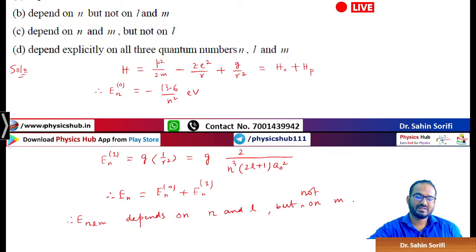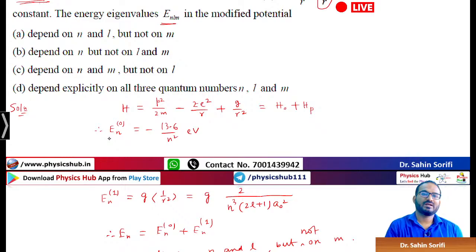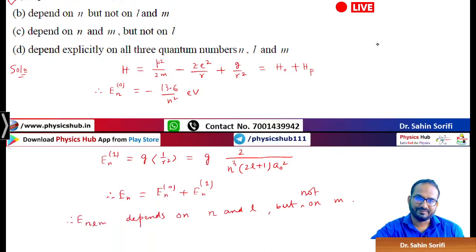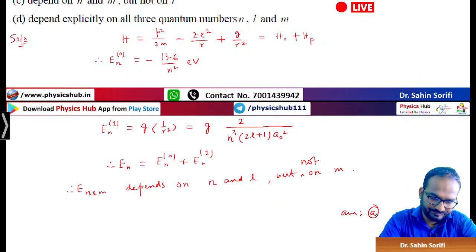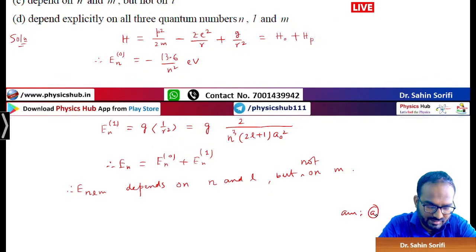So which option is it matching with? Depends on n and l but not on m: option A. Tell me if it is understandable or not.